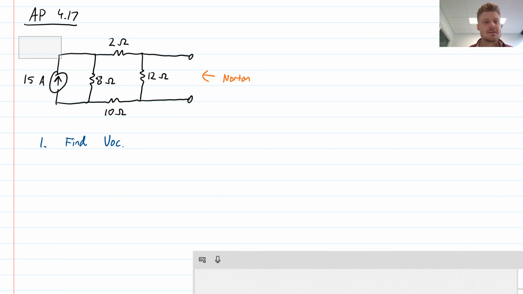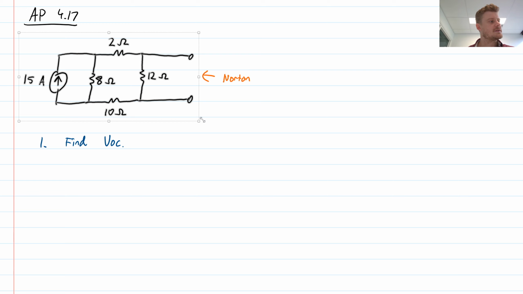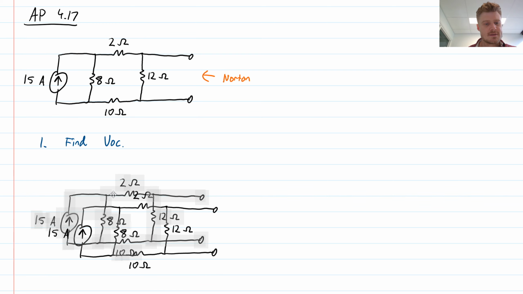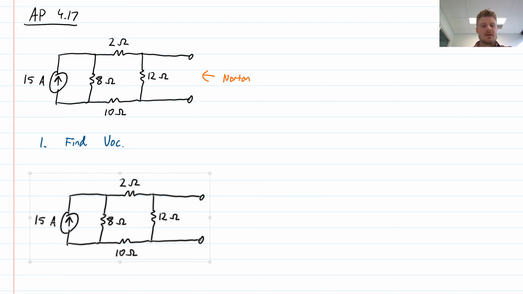So to do this, what I'm going to do is redraw this circuit and then calculate this open circuit voltage. Now, the voltage that I'm actually trying to analyze here is, of course, this voltage here, this VOC, which would be the same as the voltage across this 12 ohm resistor here. Now, a few ways that I could analyze this.